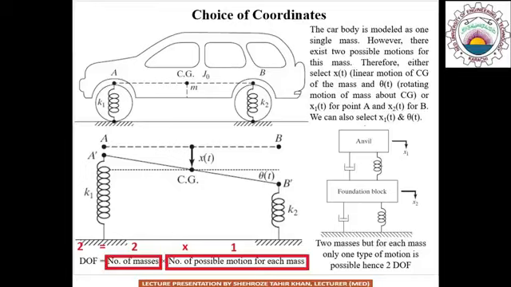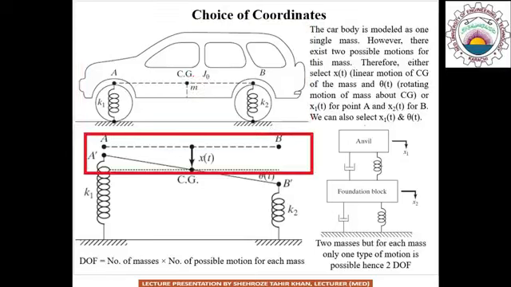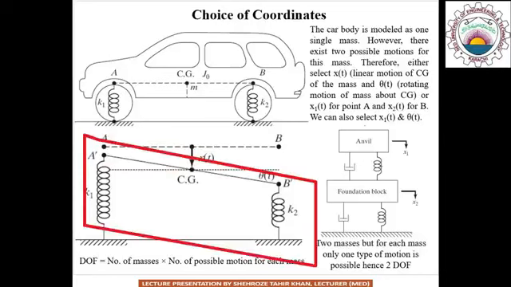Next, for the case of an automobile as shown in the figure, the automobile or car is considered to be a single mass, but it has two different possible motions. That is, it can either translate vertically up and down, or it can turn about its center of gravity due to the moments produced by the stiffness of the tires, that is K1 and K2 respectively.